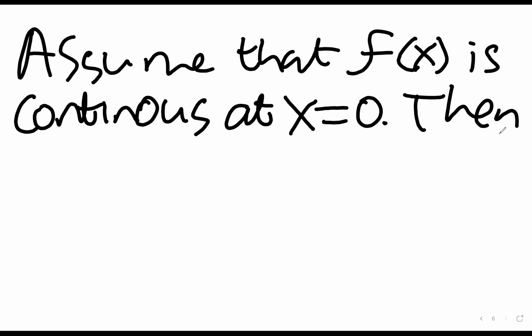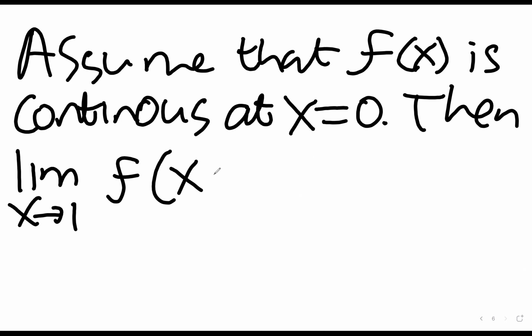If we assume that f of x is continuous at x equals 0, then consider the limit as x tends to 1 of f of x squared minus 1. Assuming that f is continuous, I can interchange the order of the limit and f here.